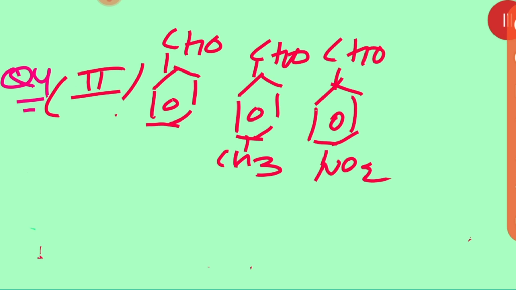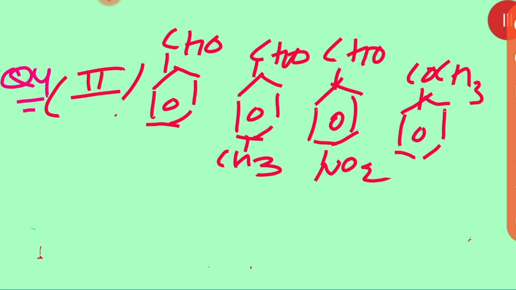Then acetophenone. In acetophenone, what will be its formula, beta? COCH3. Is that clear? These all we have to do one by one, and what we have to tell again is the nucleophilic attack.